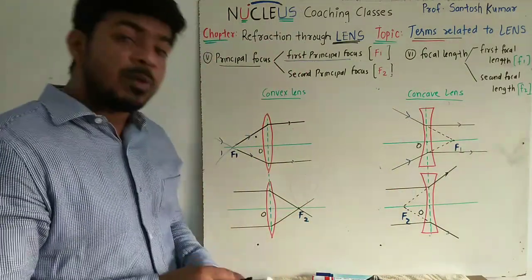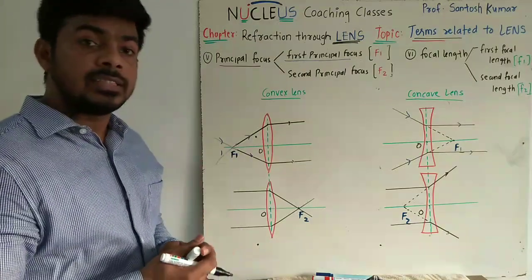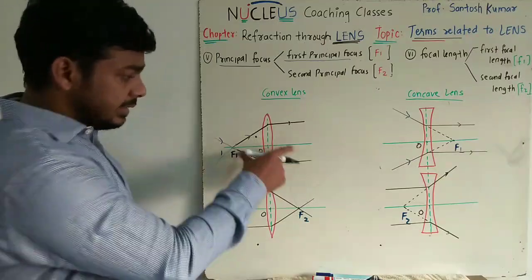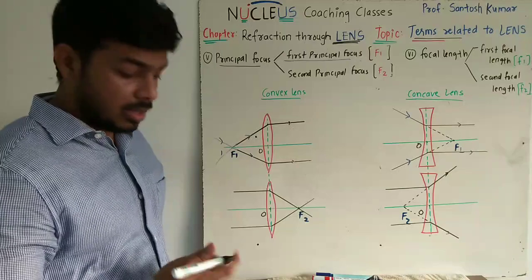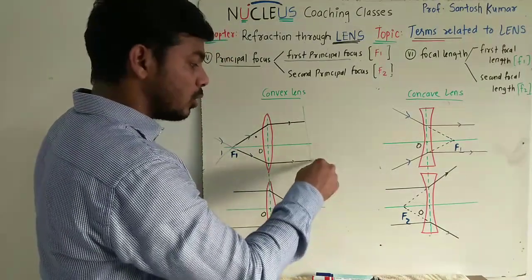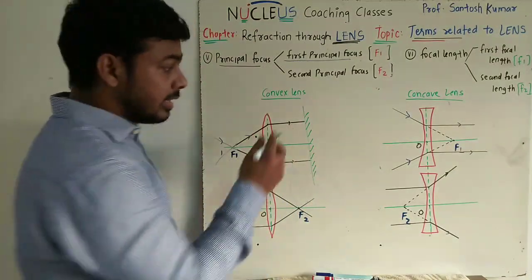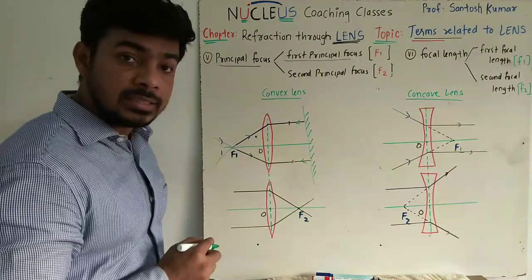You must be aware of the principle of reversibility of light, that if the path of a ray of light is reversed, it retraces the path. That means in this case, this is the incident ray and this is the refracted ray. Now what if I place a mirror normal to the direction of these rays? Then definitely these rays will get reflected for the normal incidence.